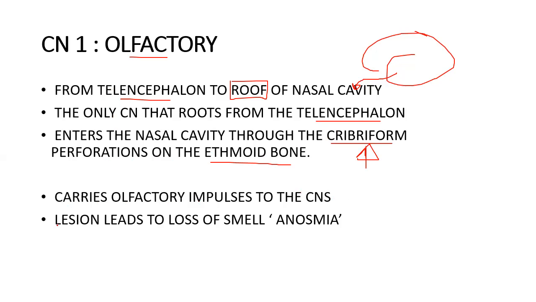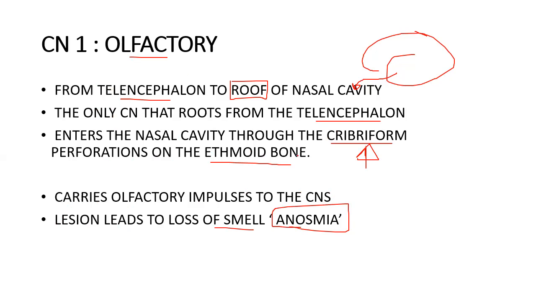Lesion of this nerve leads to loss of smell, or anosmia. Irritation of that nerve will give funny smells. That is what you need to know concerning the olfactory nerve.